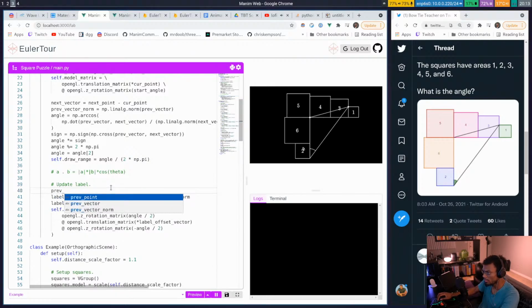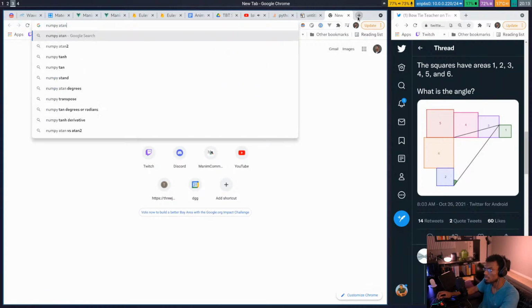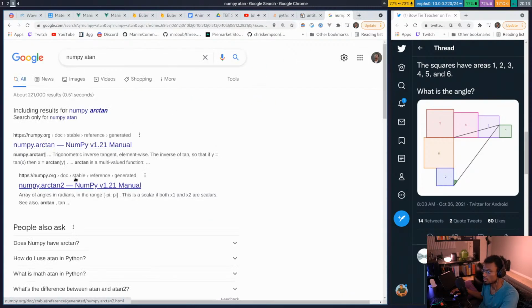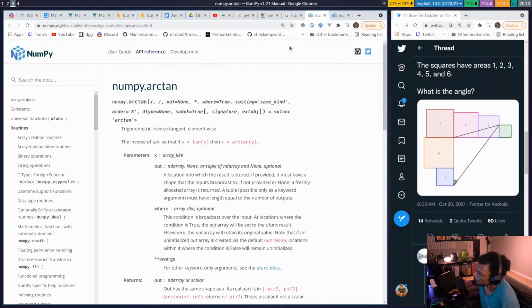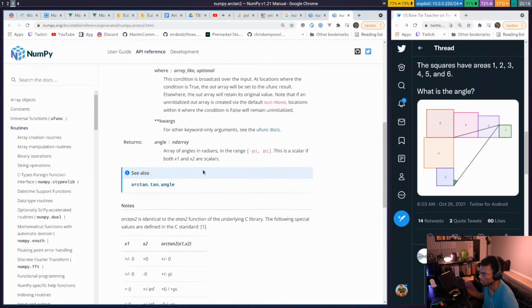So prev vector angle. Do arctan. I think you're supposed to use atan or something. There's all these small things. Arctan 2 is the 4-quadrant arctan. What's atan 2? Or did I make that up?